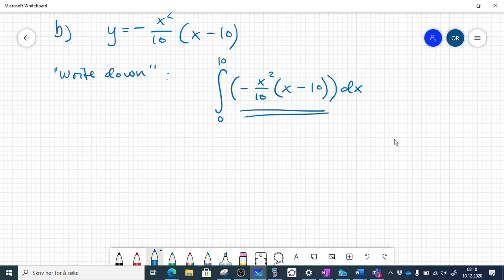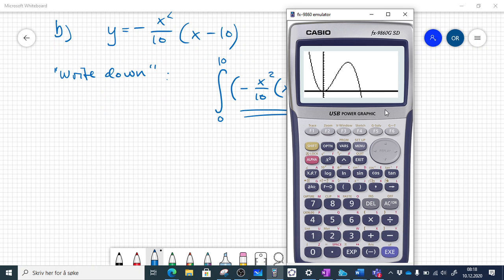I'll show you the quick and easy way to do this to get the answer. But that's not going to be enough here. To find the exact value of A, we could simply, once we've drawn the graph, go into Shift F5 for G-Solve, and then press F6 to get more options, and then you have the integral symbol here.